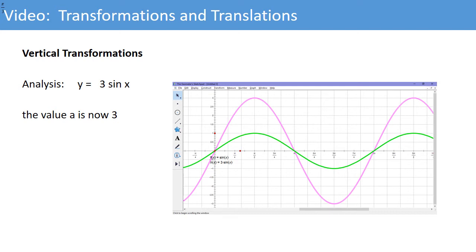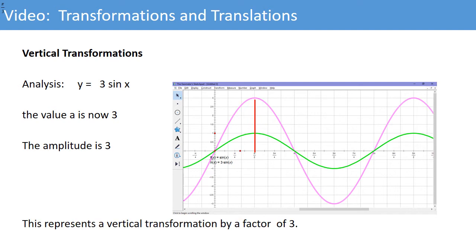The value of A from the equation is 3, and the amplitude is now 3. So we can make the connection that the number in front of sine does represent the amplitude. And this represents a vertical transformation by a factor of 3.